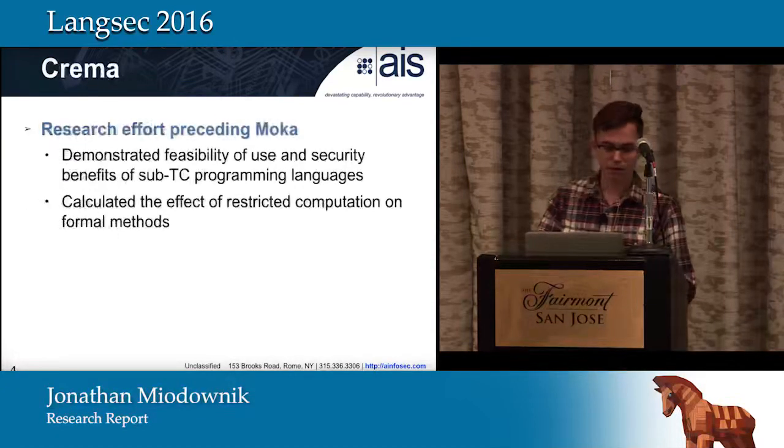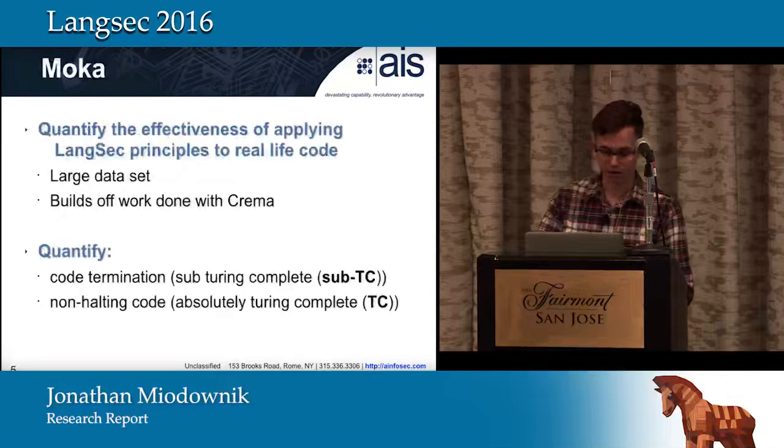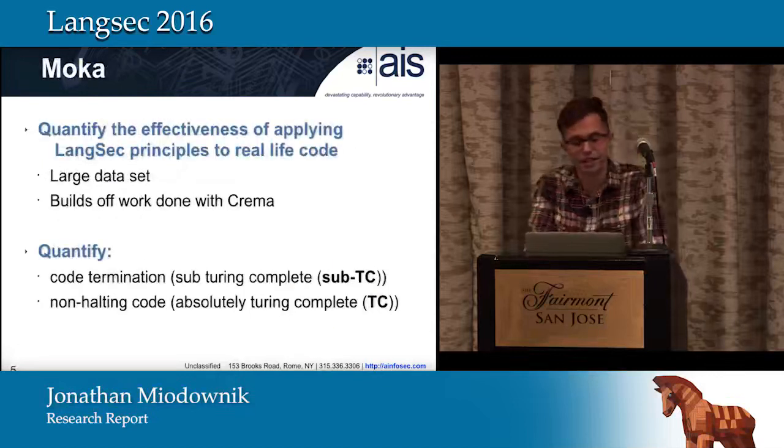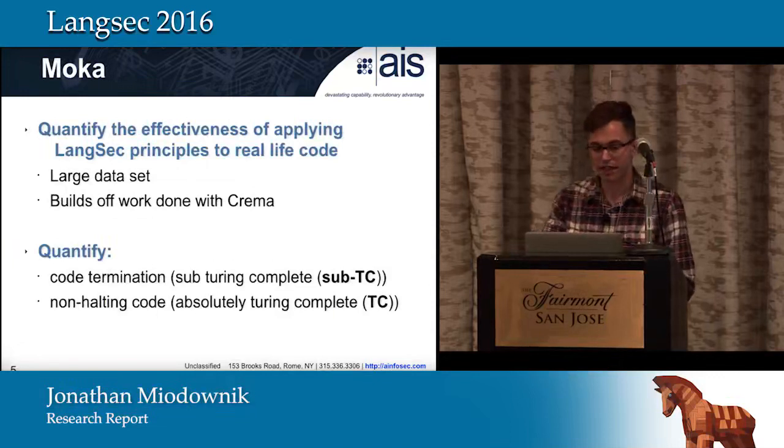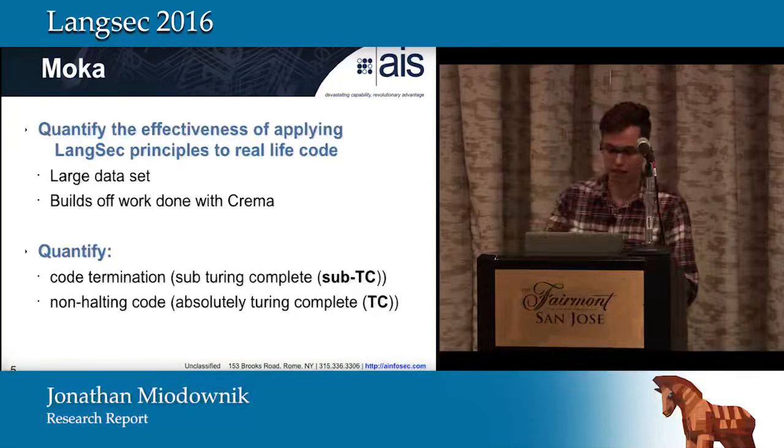So that begs the question of, okay, we know we can do this. We know its impact. How prevalent is being able to run code in sub-Turing complete environments? Meaning, if we looked at a large code base, how much of that can be run sub-Turing complete? So that's the goal of MoCA in a nutshell.